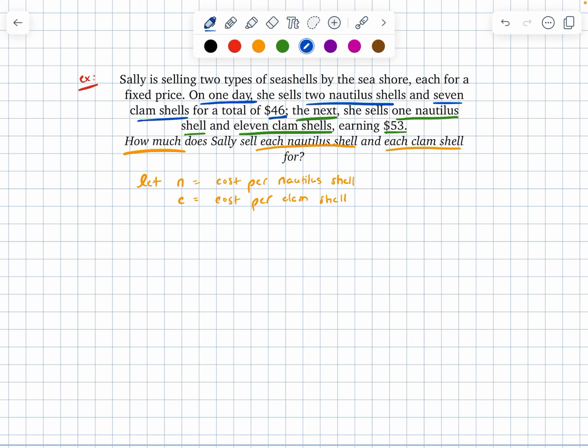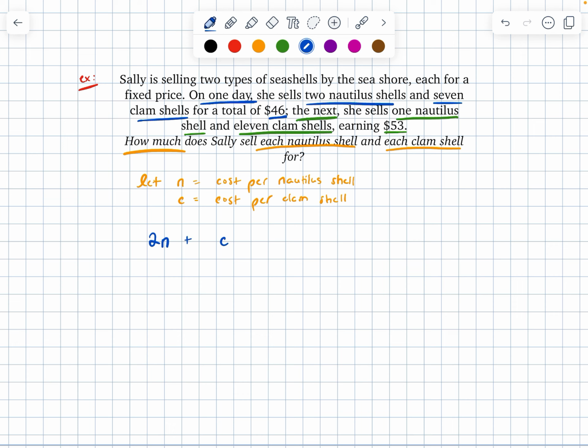So I need to find out how to build an equation from this. If I'm selling 2 nautilus shells, and each one costs N dollars, I need a way to get to money. We should hopefully feel really good about this by now; we've done a bunch of it this year. If each shell costs N dollars, and I multiply that by the number of shells that I sell, so 2N, that gives me the total amount of money that I make from nautilus shells.